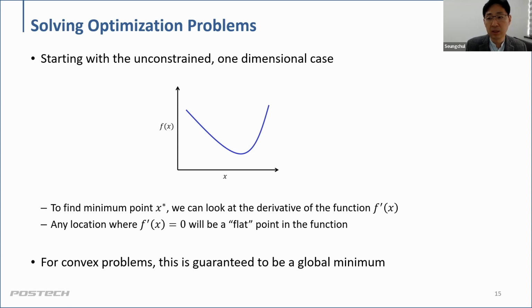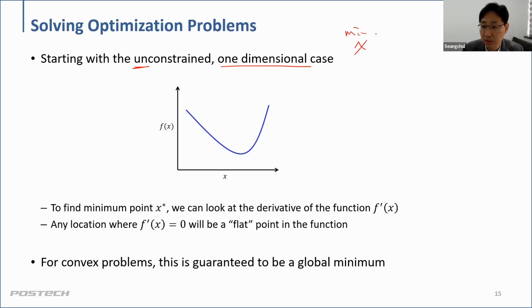For me, I guess the simplest optimization problem is probably unconstrained, so don't worry about the constraint. And the number of decision variables, the simplest one is 1, right? So start with the unconstrained, one-dimensional case. We have only one unknown, x.